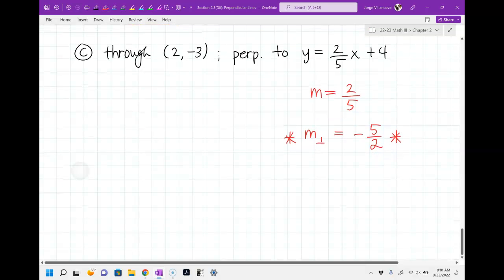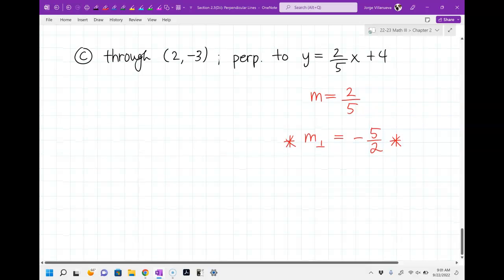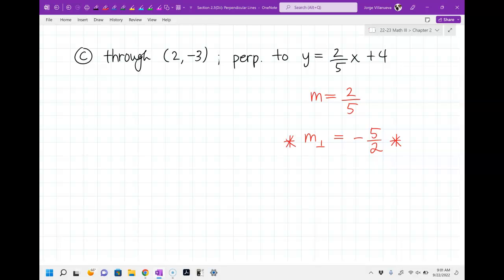If they would have said parallel, I use the one on top, okay? But they want perpendicular, so I'm going to use the one that's flipped and opposite side. Now I'm going to start again with my original equation, y equals mx plus b, okay, and plug in my slope. So y equals negative 5/2 x plus b.